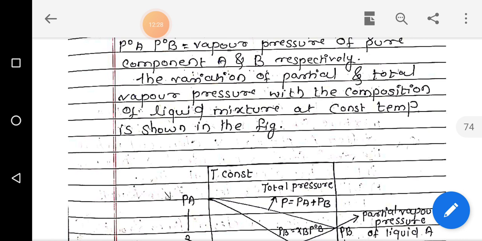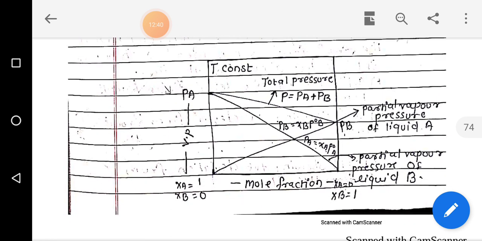The variation of the partial and total vapor pressure with the composition of the liquid mixture at constant temperature is shown in the figures. The diagram represents the vapor pressure of A, the vapor pressure of B, and the total vapor pressure of the system, that is P equals PA plus PB.